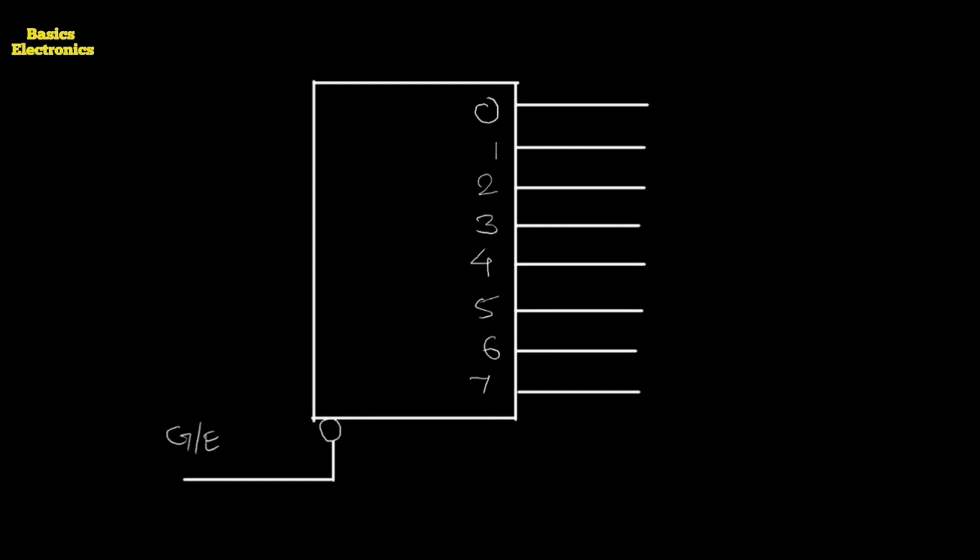These are not the data inputs, these are the select inputs. So the 3 select inputs are A, B, C. Then inside this we write 1:8 demultiplexer.